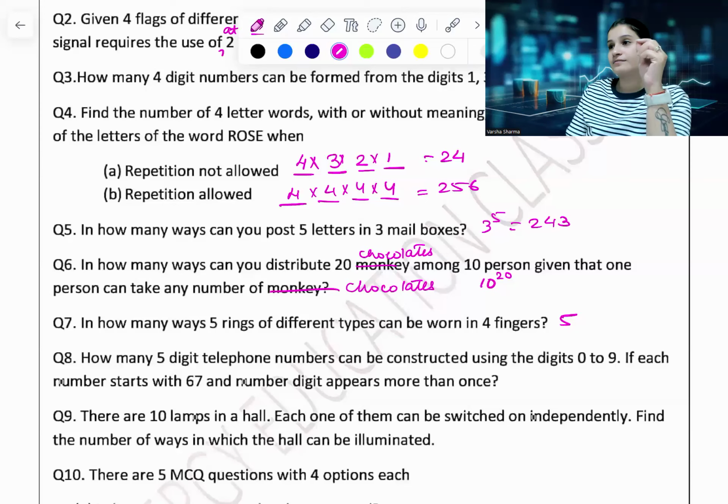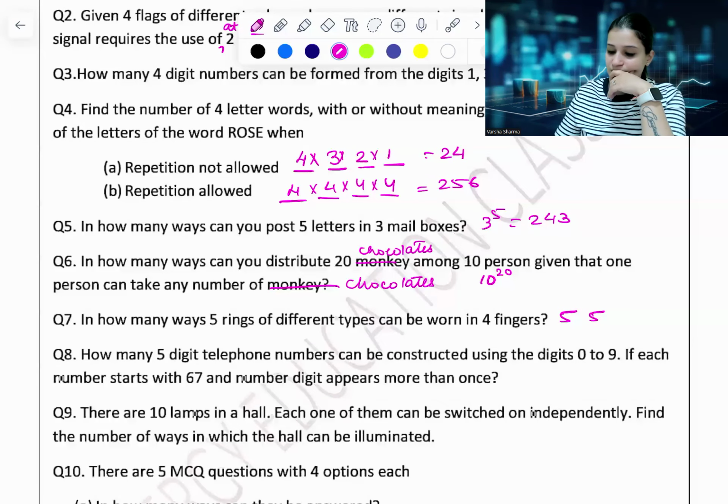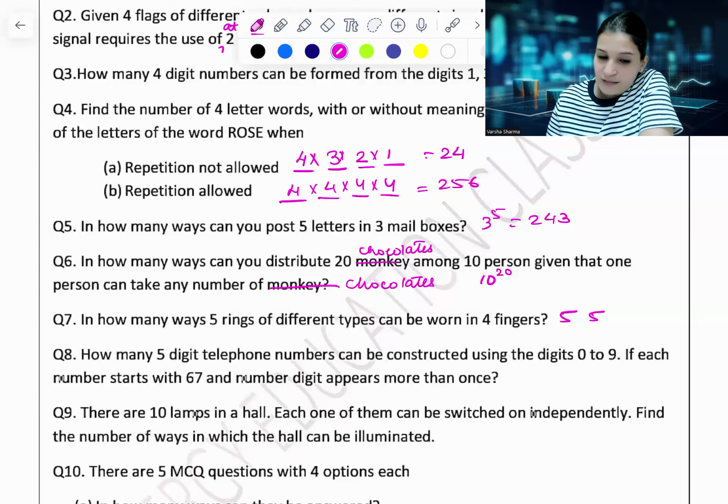How many options? 5, modern era. I can wear the same ring on the same finger again, or on any other position. Third, 5. Fourth, 5. Fifth, also 5. So 5 raised to the power 4.